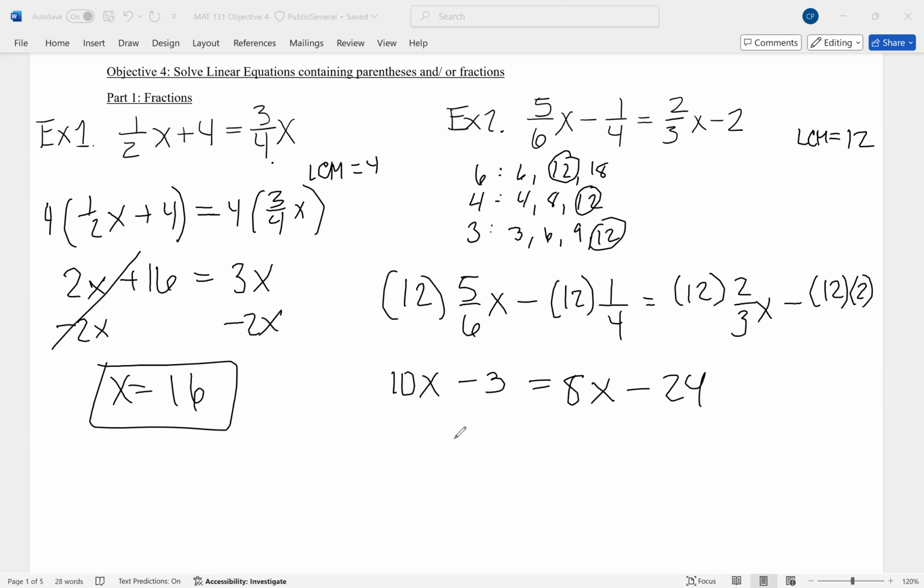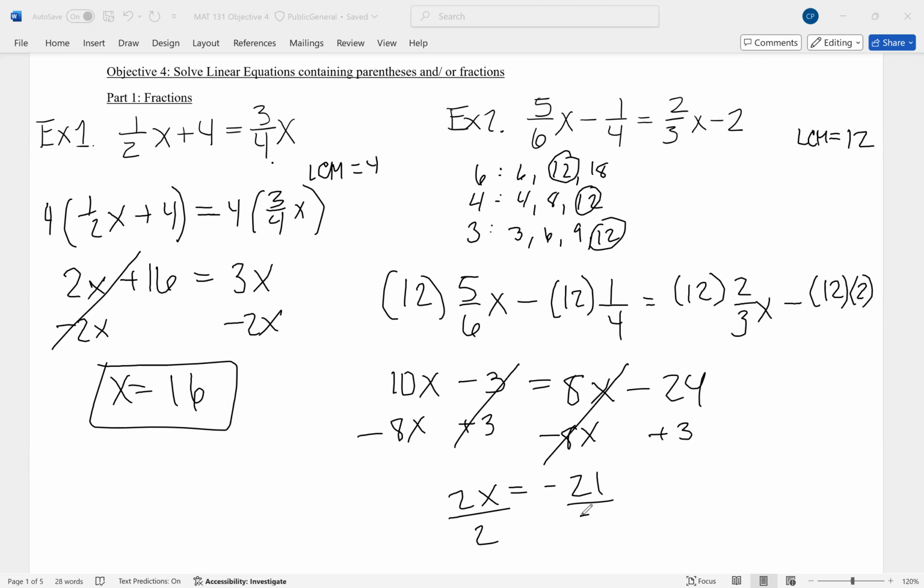So now that we are at this point, we can do a couple of steps on each side. And we'll be left with 2x equals negative 21.